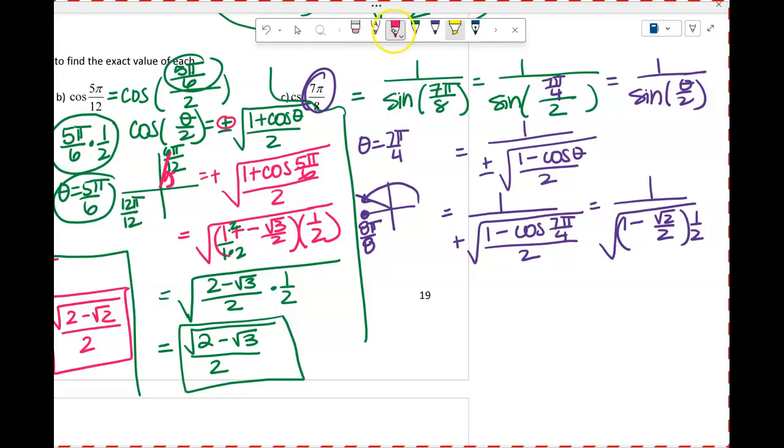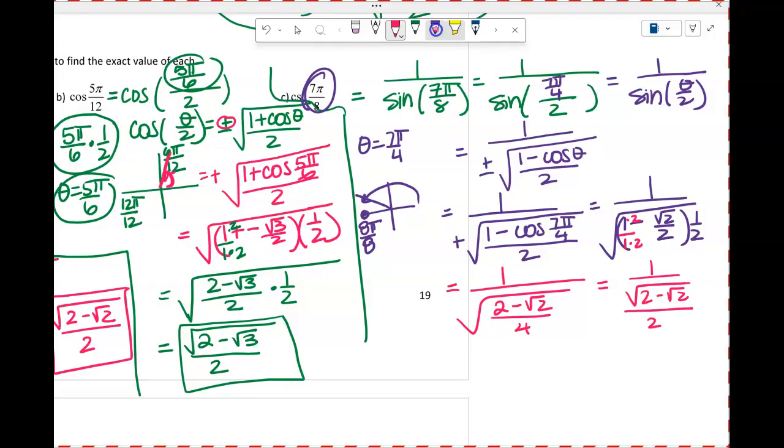Same process, your LCD is going to be a 2 here. So that's going to give us 1 over big radical 2 minus radical 2 all over 4. And then this is going to be 1 over little radical 2 minus rad 2 divided by 2, because the square root of 4 is 2.